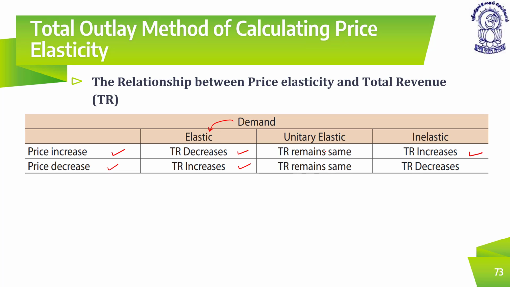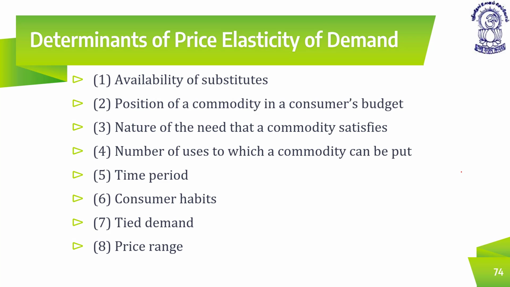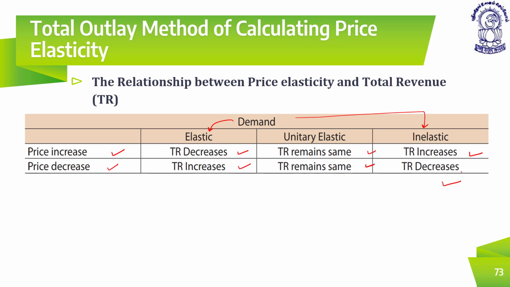In the unitary case, it would be the same, so there is no problem. But in case of inelastic demand, it would be a positive relationship. So if the price increases, the TR also increases, and if the price decreases, TR also decreases.